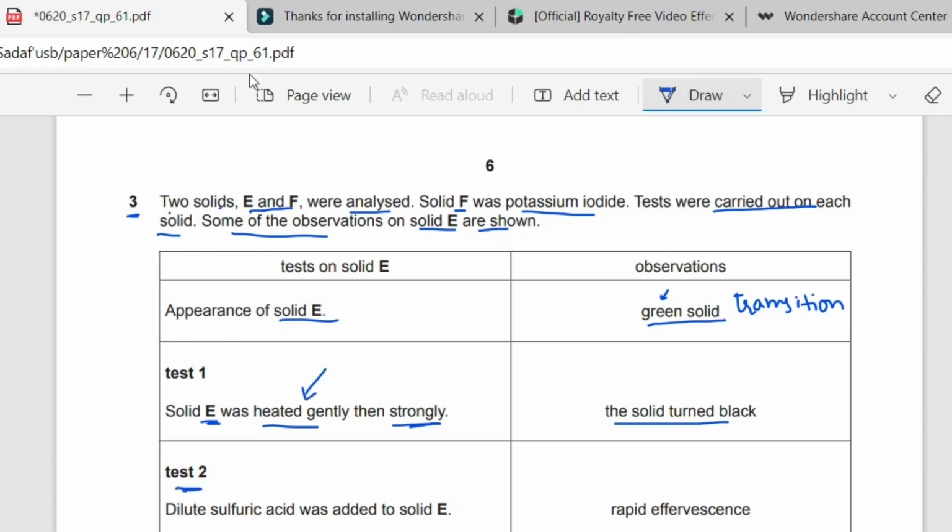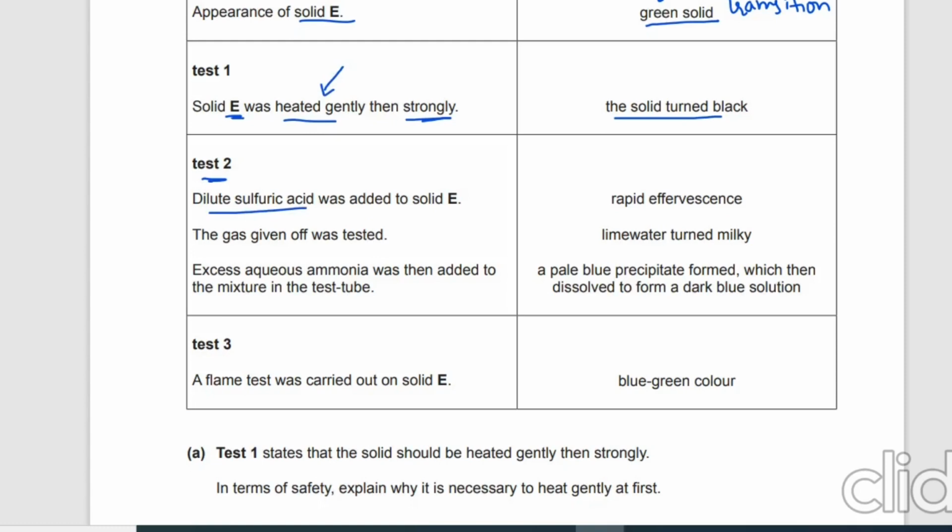Then test 2. Dilute acid was added to solid E. Rapid effervescence, it means gas is out. But remember that we are not allowed to write anything during the exam paper anywhere here, okay? Only you will give answer on the given blank. The gas given off was tested. Lime water turned milky, which is very famous test for carbon dioxide gas.